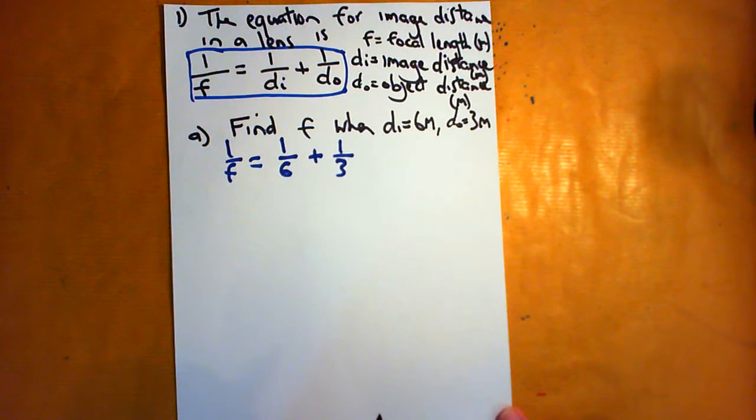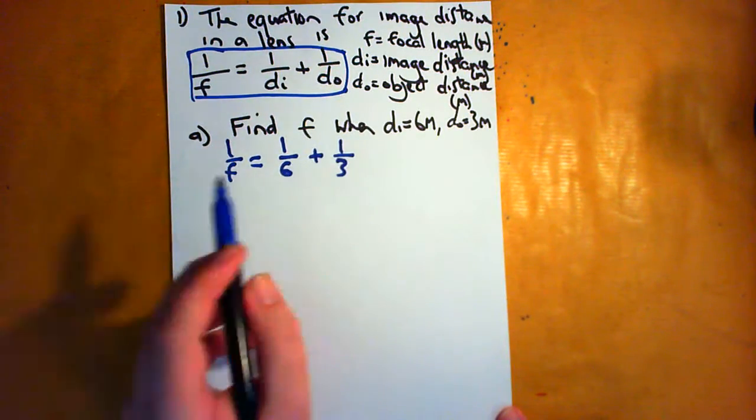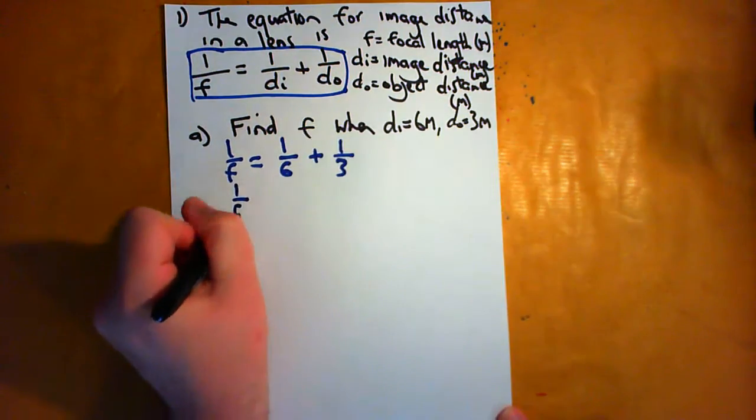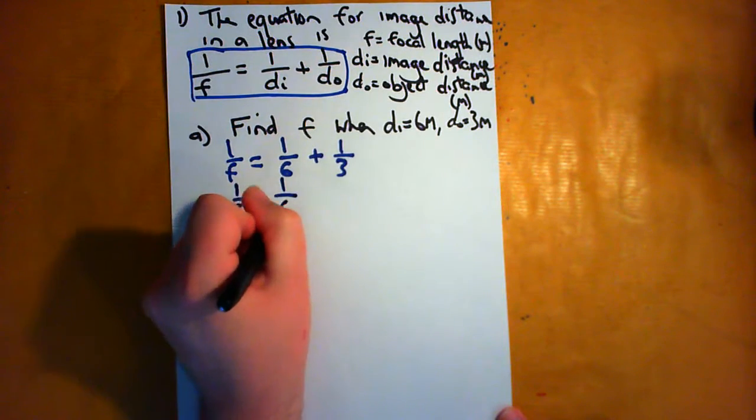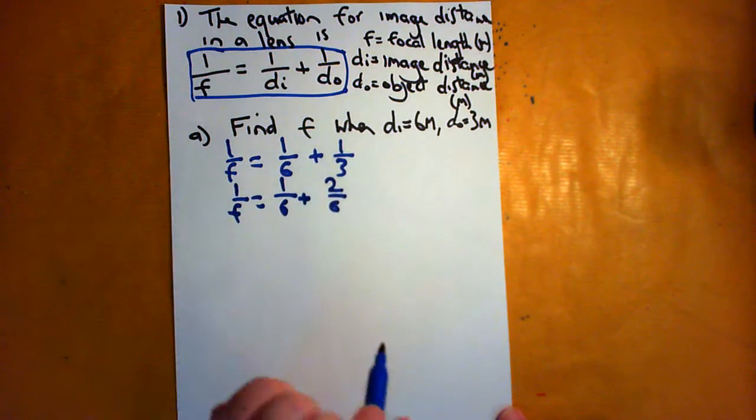One's got a 6, the other's got a 3. We need to get a common denominator. If we multiply this 1 over 3, top and bottom, by 2, we get 1 over f equals 1 over 6 plus 2 over 6. Now they've both got a 6 on the bottom, which means that we can add them.